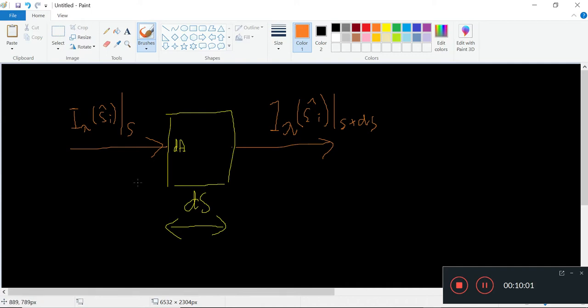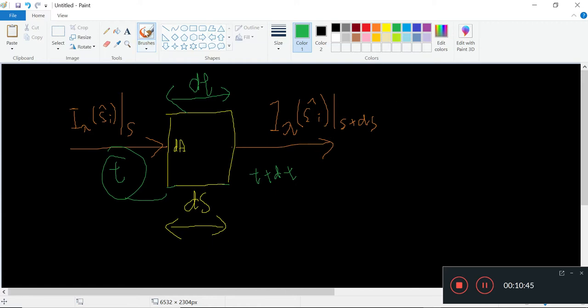However, we have got to note something. It takes a finite amount of time for this radiation to travel from s to s plus ds. So there is a time factor as well. At time t, this is a physical world after all, this radiation is here at s. Then this beam of radiation takes a time dt to travel through ds to appear on the other side.